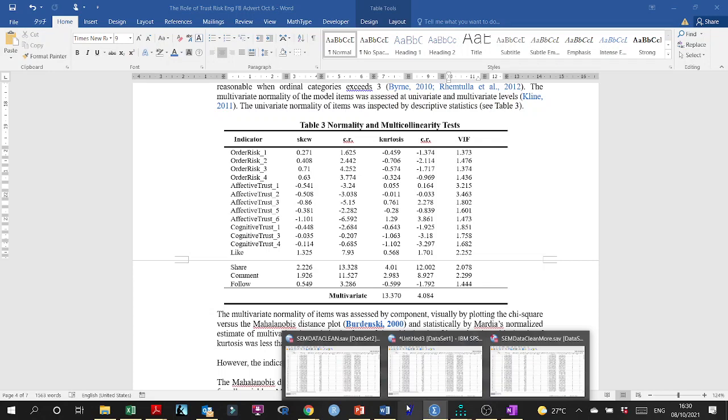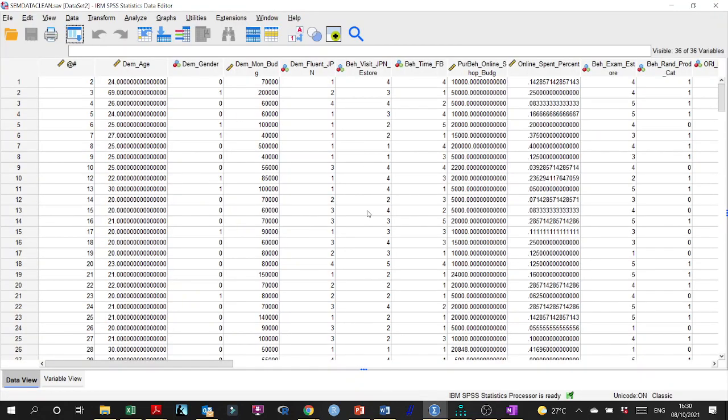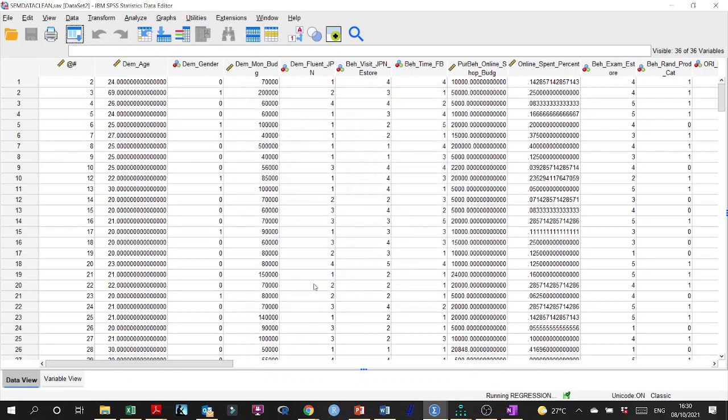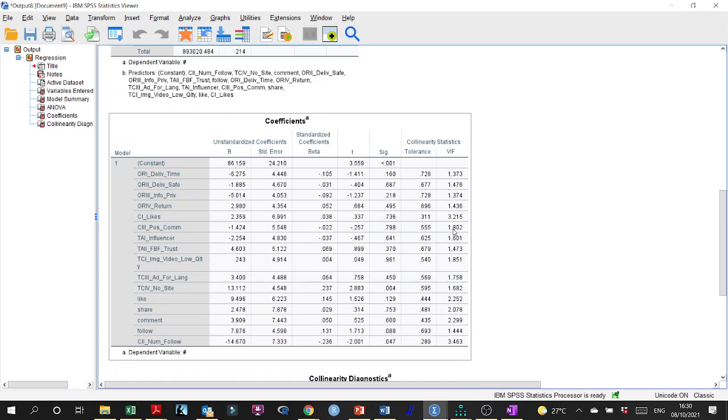So I'm just going to decide, based on these results of the regression, linearity, and multicollinearity, as you can see, guys, that there are two items here that have 3. One item is C1 likes, the other is C1 follow. So I'm just going to get rid of C1 follow, and this is what we do with the results.